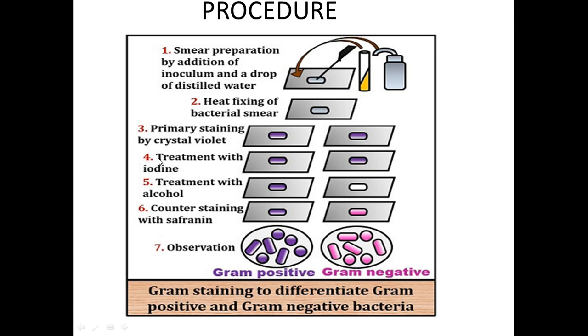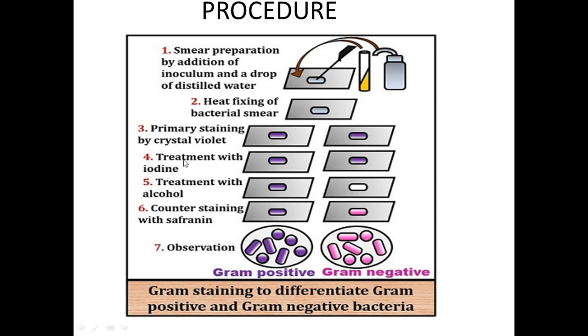It is called a mordant because it forms an iodine crystal violet complex on the slide. When you add the iodine to this crystal violet added slide, it forms a mordant. And the mordant is a complex between the iodine and the crystal violet, which tends to fix the crystal violet well in the cell wall of the bacteria.